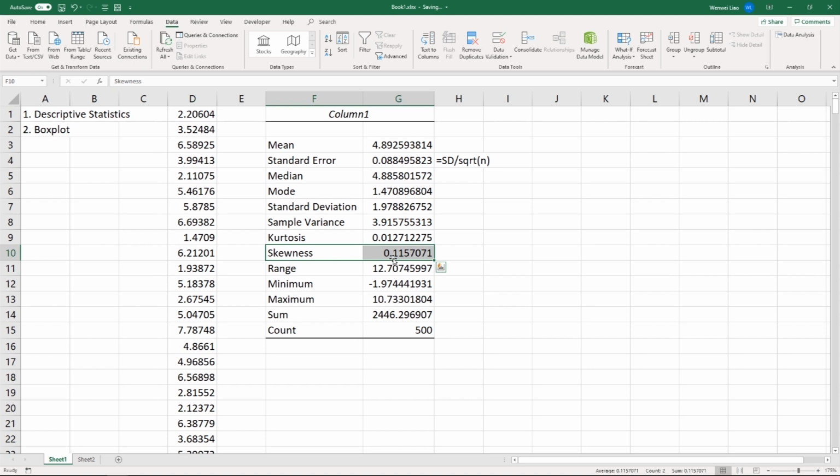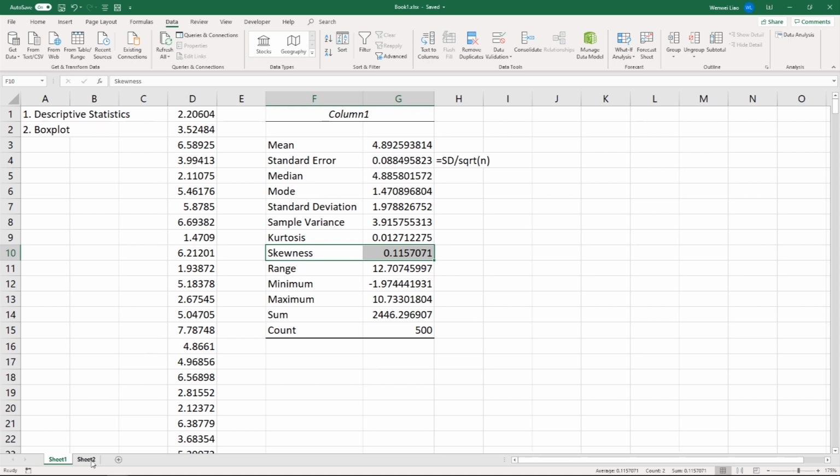Skewness refers to the distortion in a symmetric distribution. And some of the students ask me about the positive skewness and the negative skewness.